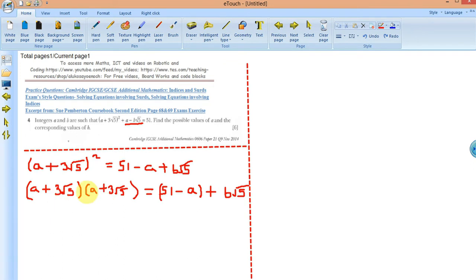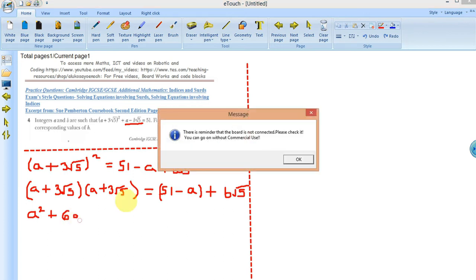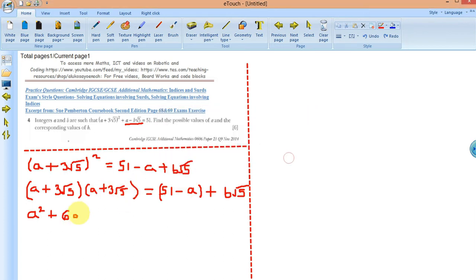So let's go ahead and complete this left hand side. This will give a squared plus 3a root 5, then another 3a root 5, so that will be 6a root 5.